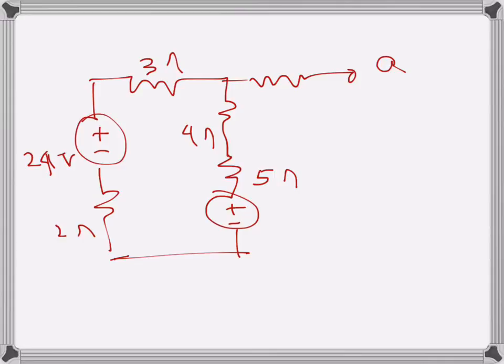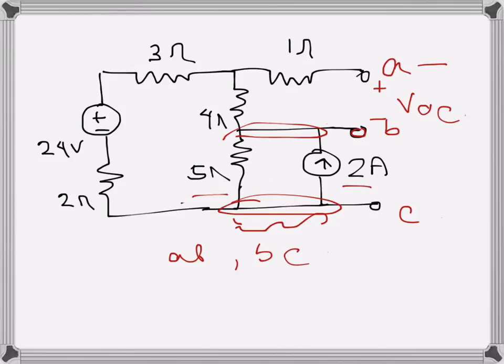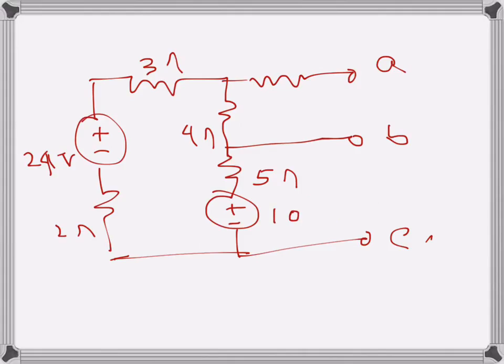That's terminal A, this is terminal B, and this is terminal C. Nothing is changed there. The value of the voltage source here will be 10 volts. So this is our new circuit.